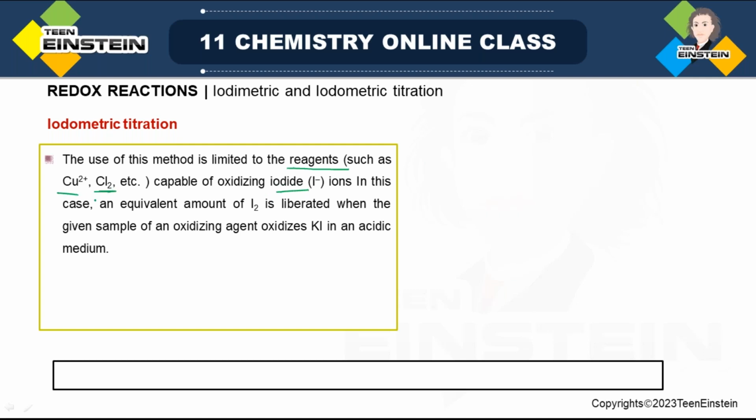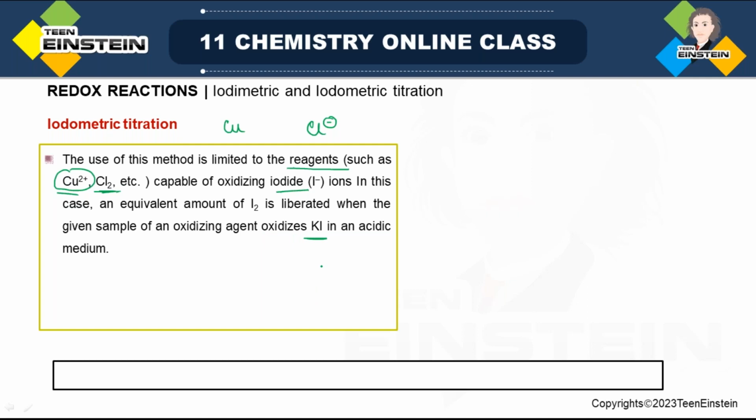When copper 2 plus is oxidizing I minus, it will be converted to copper plus. When chlorine is the oxidizing agent, it will be converted to chloride. In this case, an equivalent amount of iodine will first be liberated when the given sample of an oxidizing agent oxidizes potassium iodide in an acidic medium.